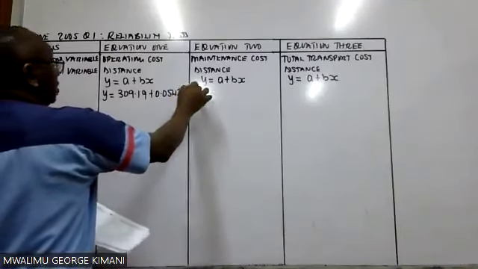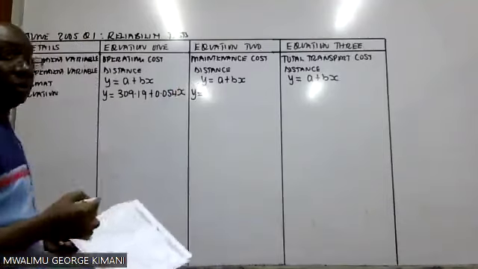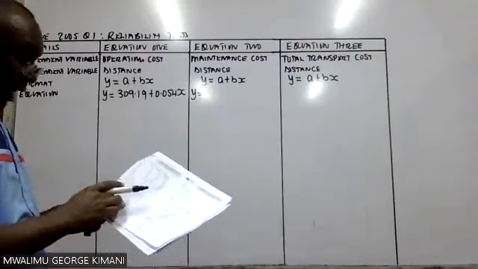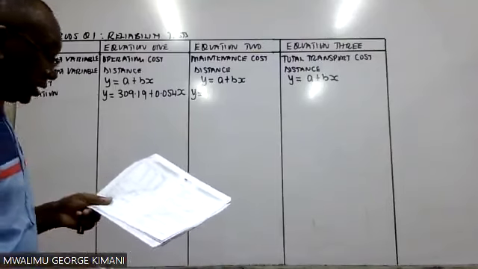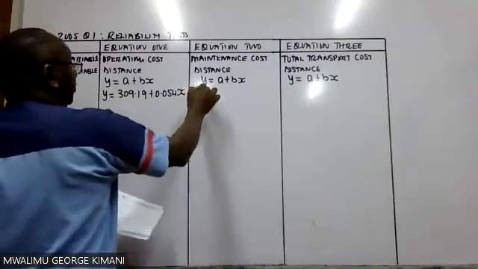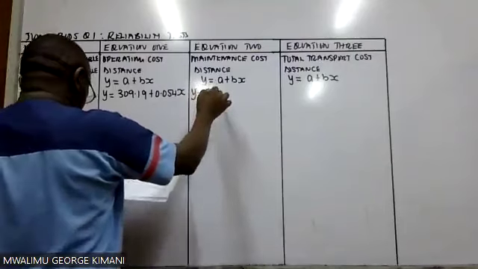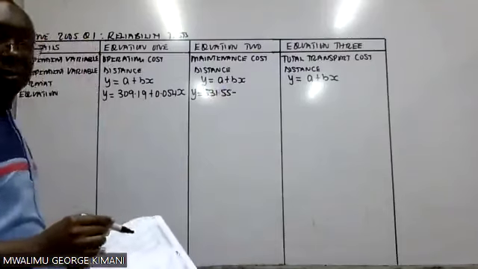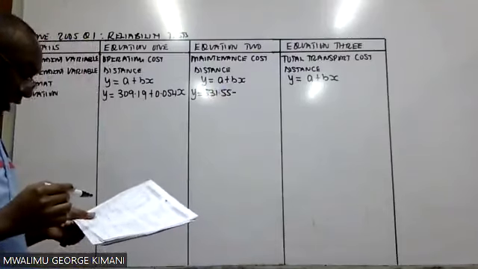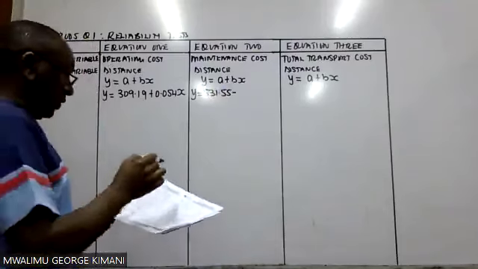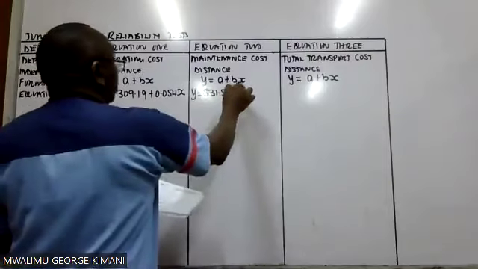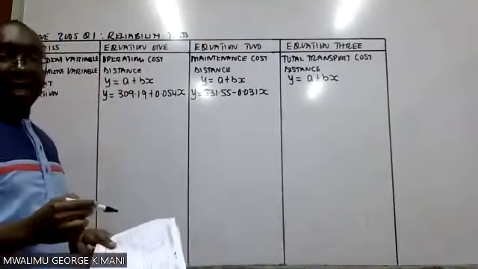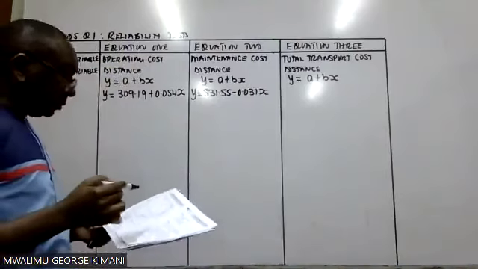I hope you can see those values. When we go to equation 2, again, you can see the constant is 5.55, but the slope, which they are calling distance covered, is a negative 0.031x. It's a negative that way.